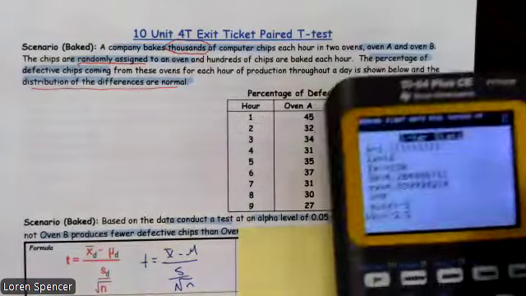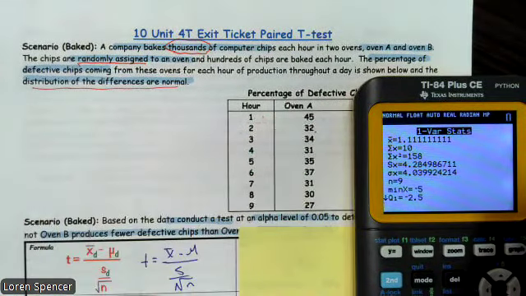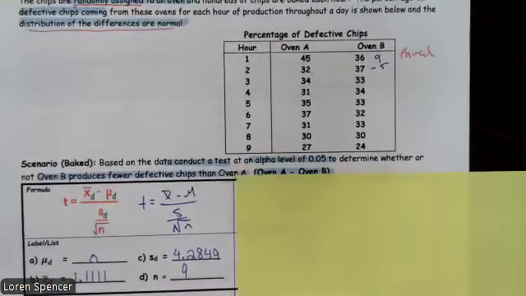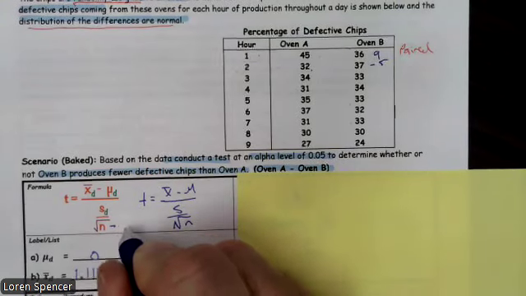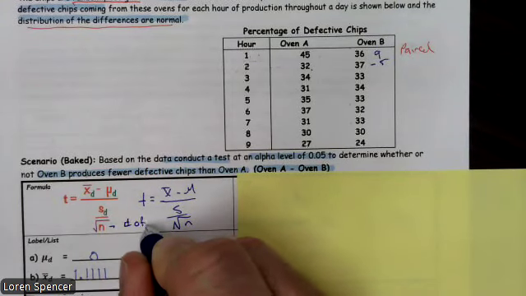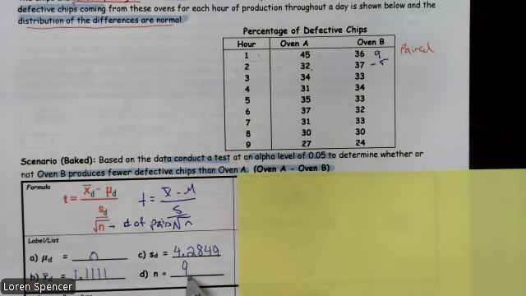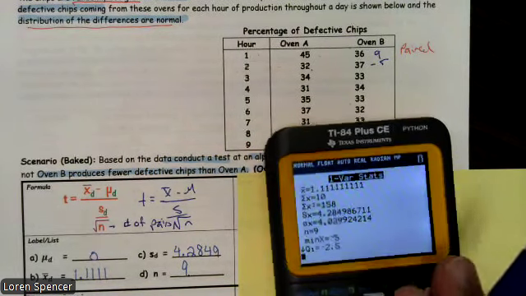So on average, it looks like oven A is going to have about 1% more defects than oven B. So here we go, 1.11, and this is our number of pairs. In this case, we have 9 pairs and our sample standard deviation of 4.284.